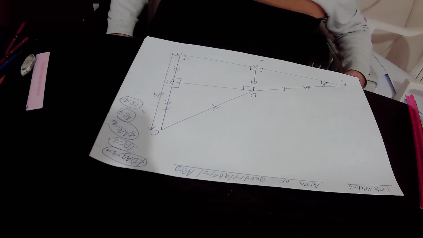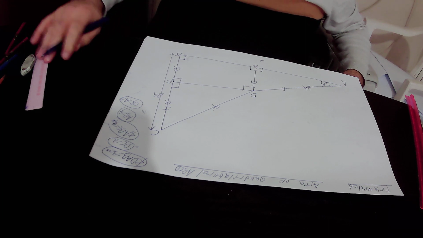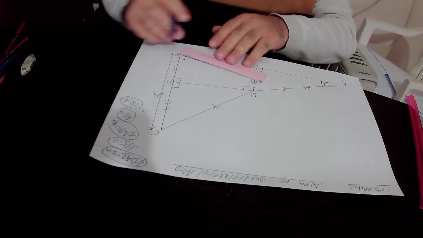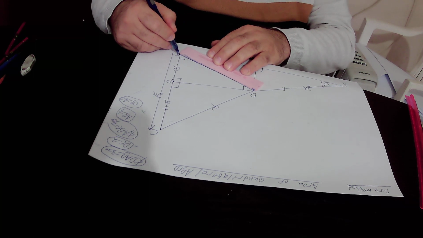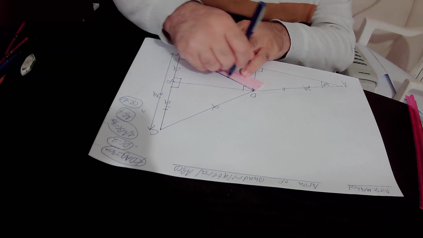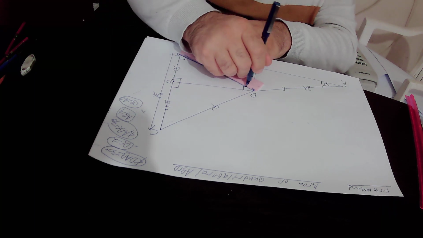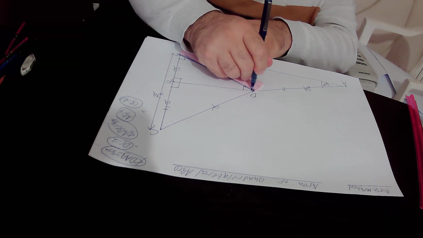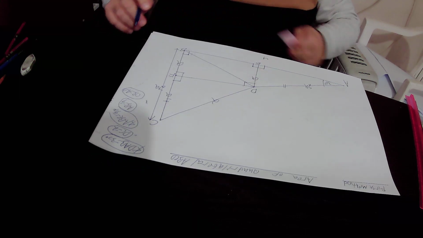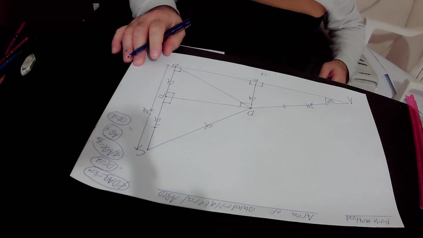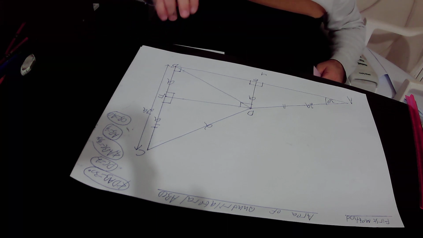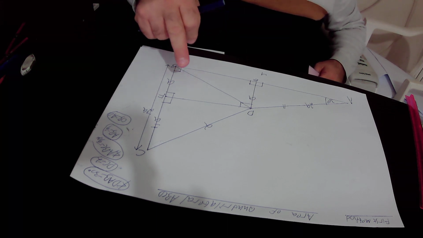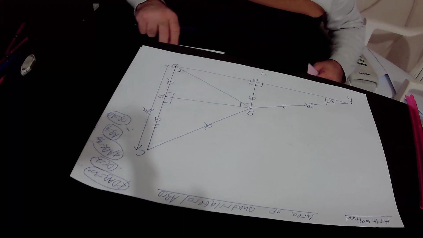In the next step, we'll join together points D and B by a straight line. And we will prove that triangle DFB is congruent to triangle DFC.